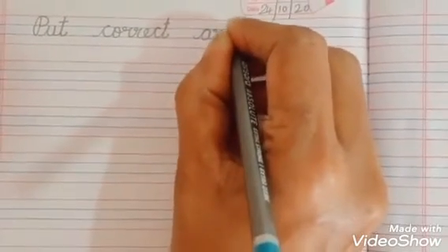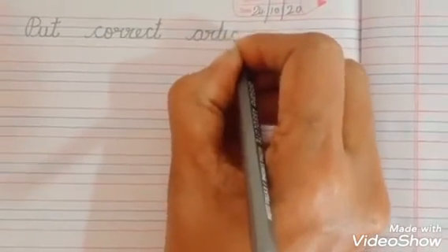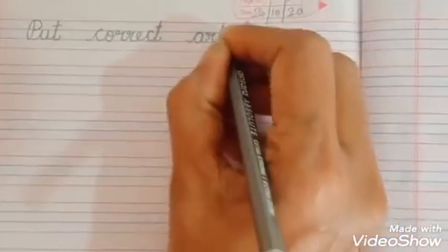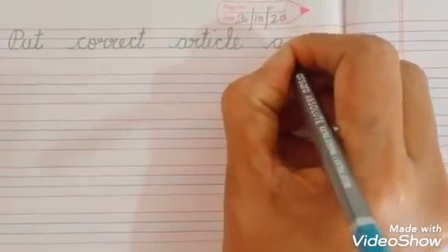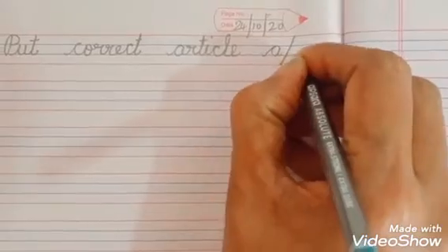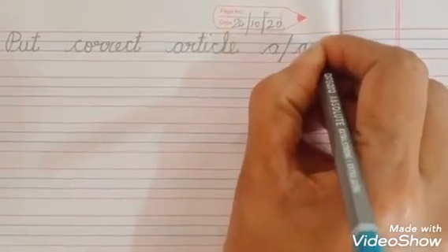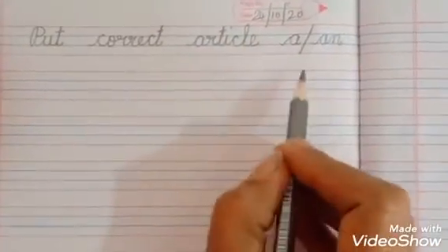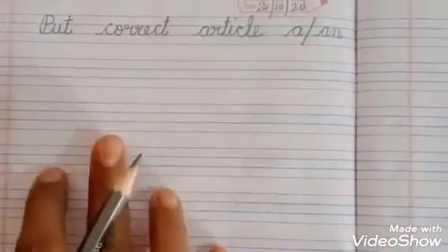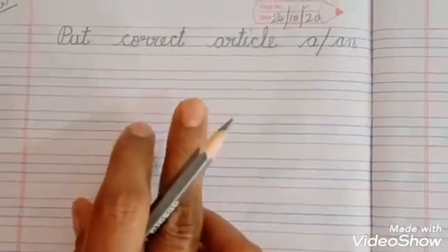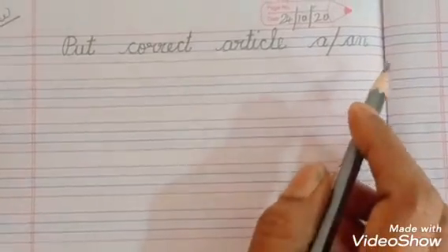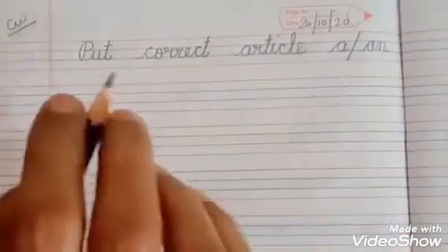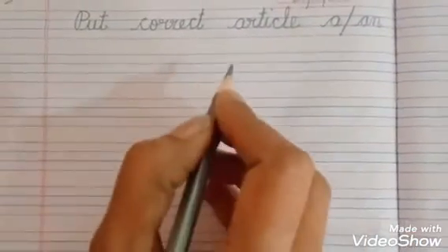A or an. So what we had learned, articles a and an, and we are going to write the exercise. We are going to write the correct article for the given word.